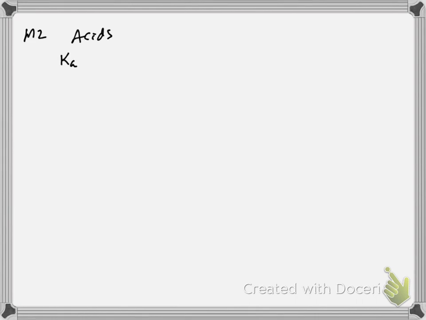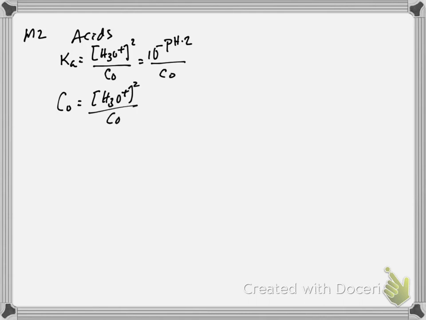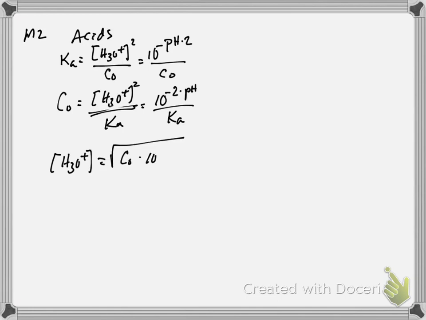All right, in Module 2, just a general summary in terms of the calculations. As we said in the other problems, remember there's 3 different calculations that you have to be careful about. One is if you're given hydronium or pH and C0, you can calculate Ka. And you can rearrange that equation for the other 2 variables, either C0 or H3O+.